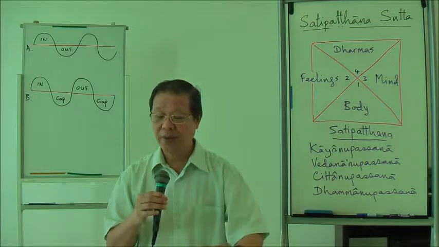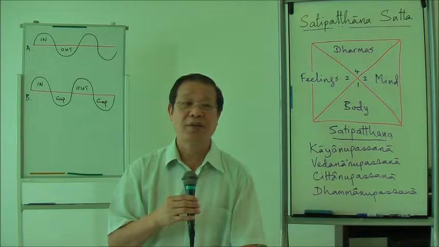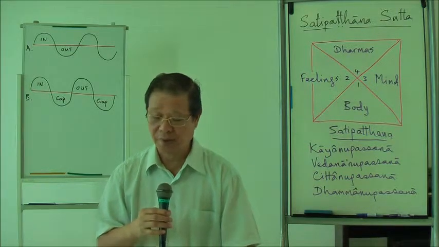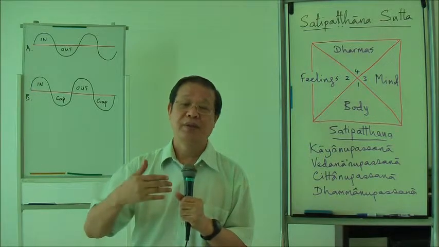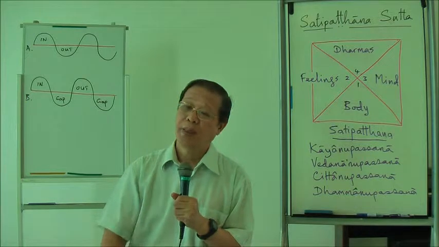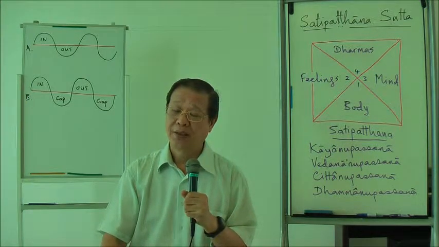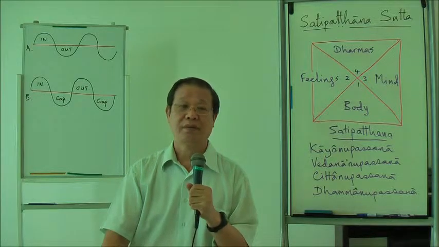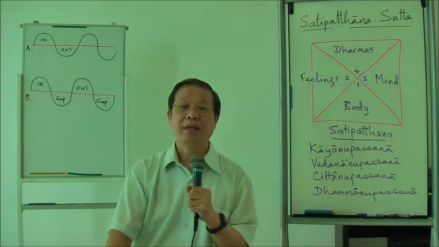So the most common method we use to start off our practice of Satipatthana is the breath meditation. And for good reason, because the breath is in many ways the easiest meditation to do, because breathing is natural to everyone. Historically, the Buddha himself used breath meditation, even as a child.